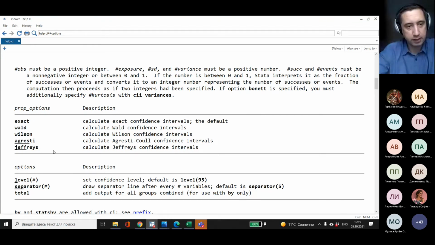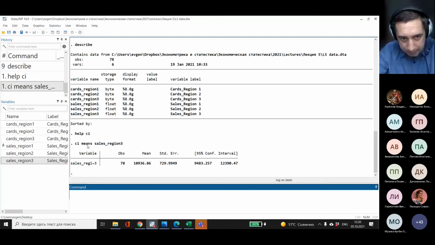What are these options? To be honest, we learned just one way of confidence interval estimation. There are different ways. And if you replicate this exercise in Excel for the same data, you will find that your confidence interval is different from this one.